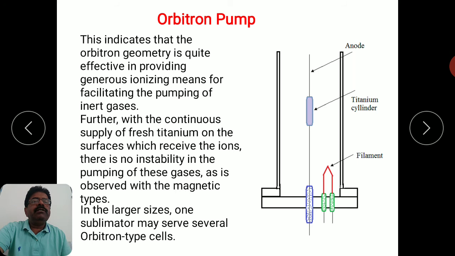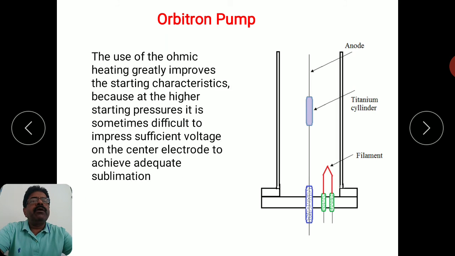In the larger sizes, one sublimator may serve several orbitron type cells. Only one sublimator is sufficient to serve many orbitron cells. Such cells can be connected in parallel, and a single titanium cylinder or sublimator is sufficient here.